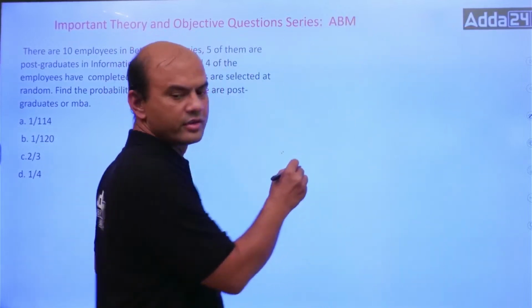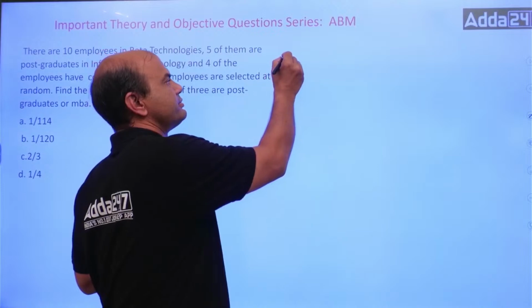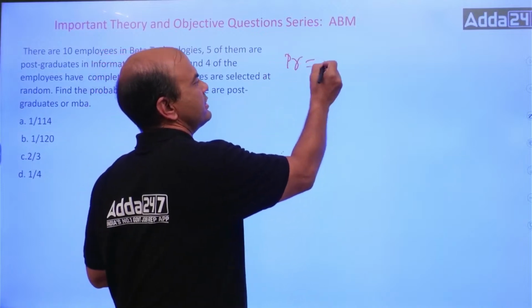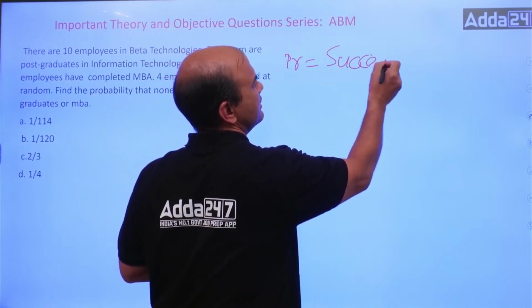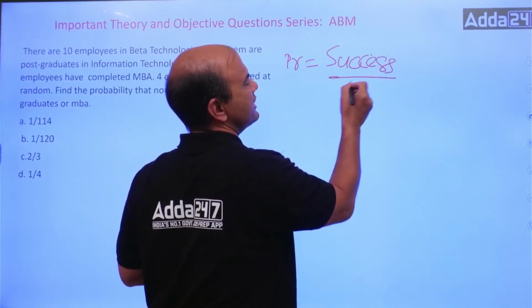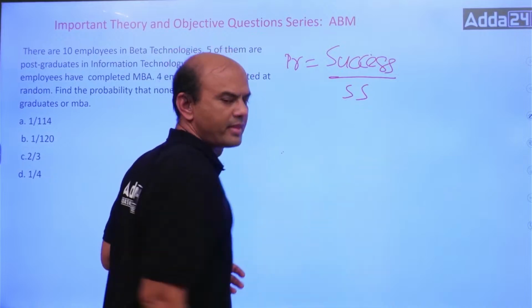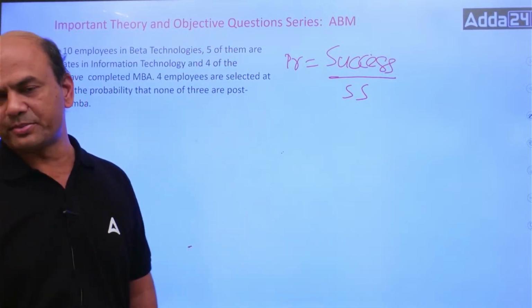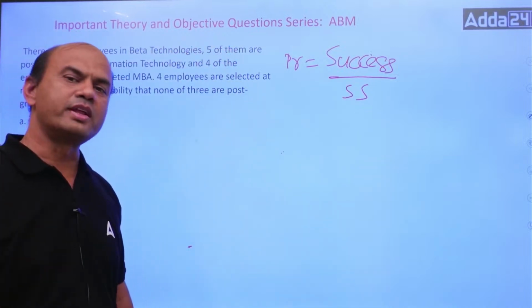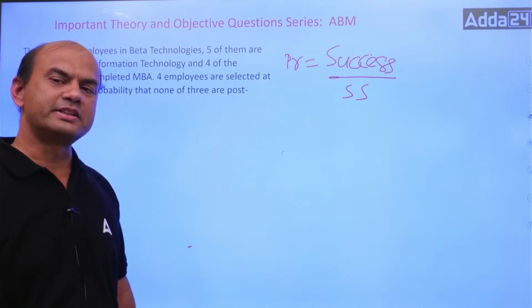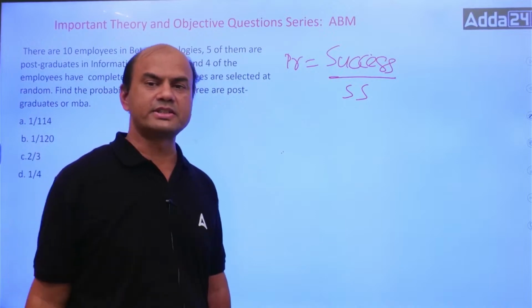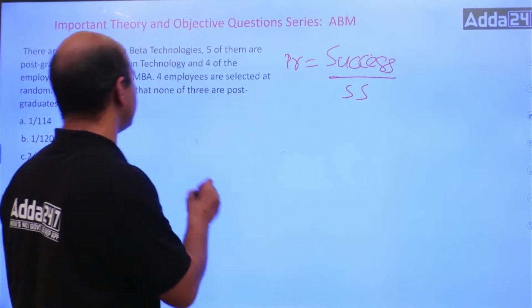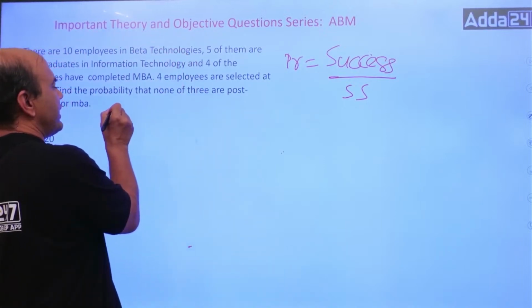So probability equals success upon sample space, right? Success upon sample space. So what is the sample space over here? First, solve the denominator first. What is the sample space over here? Let's write. I'll write from here so that we have enough space.